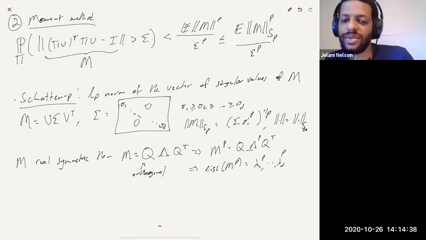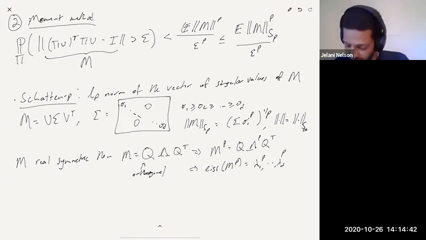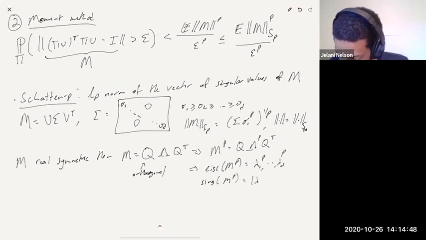The singular values are just the absolute values of the eigenvalues. So the singular values of M to the P are the absolute value of lambda 1 to the P up to the absolute value of lambda D to the P, which is equal to lambda 1 to the P up to lambda D to the P.